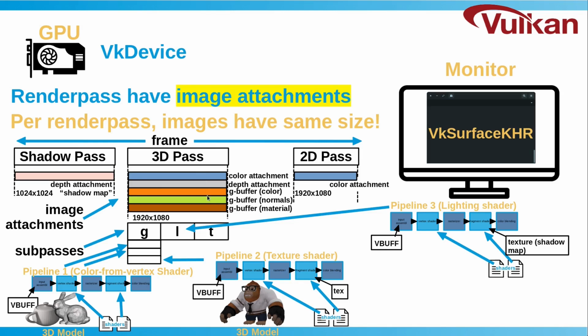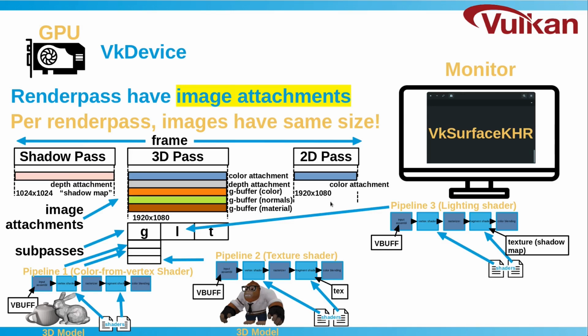Then the 3D pass has multiple attachments, a color attachment, a depth attachment, and some G-buffer attachments, and they all have the dimension 1920 times 1080. Now the 2D pass is using the same color attachment that the 3D pass was rendering into, so this one has also the same dimension 1920 times 1080.